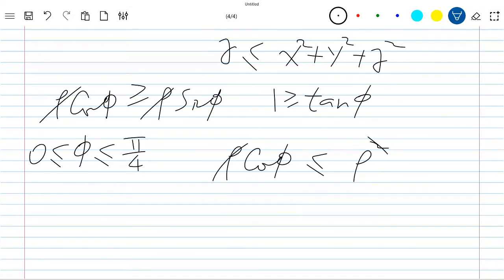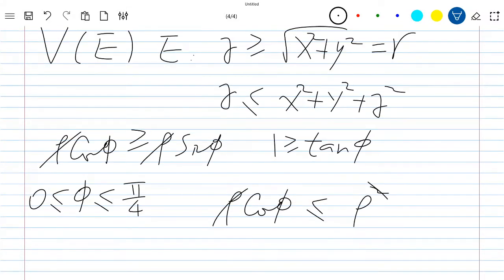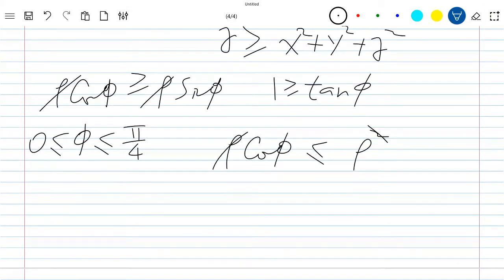Sorry, the other way around. My bad. So this should be greater than or equal to, otherwise it's infinite. So rho is less than cosine phi.